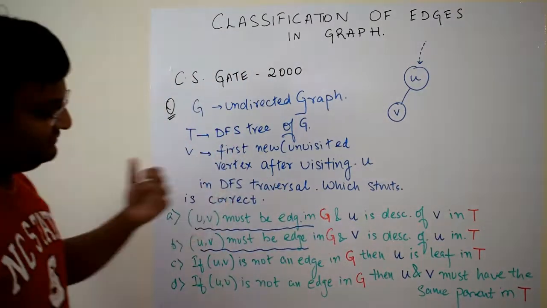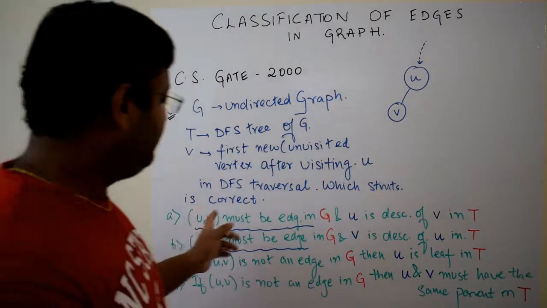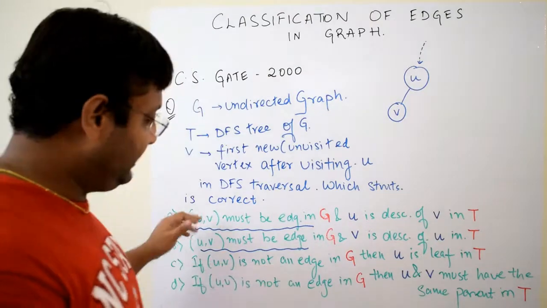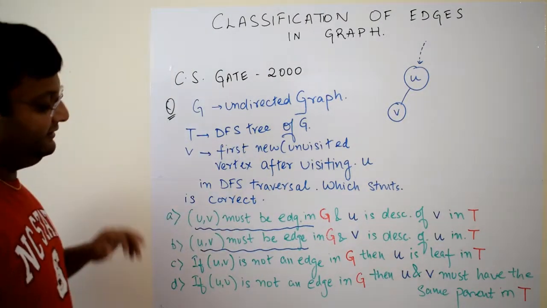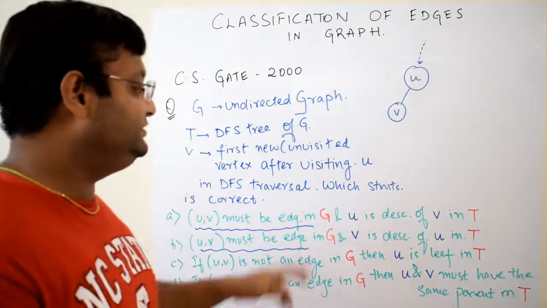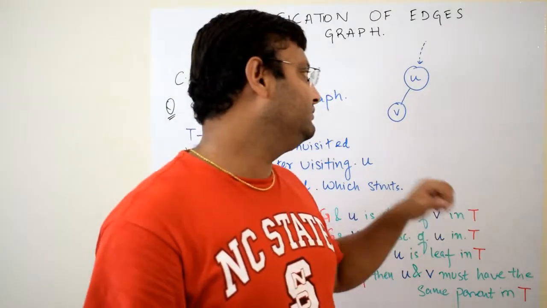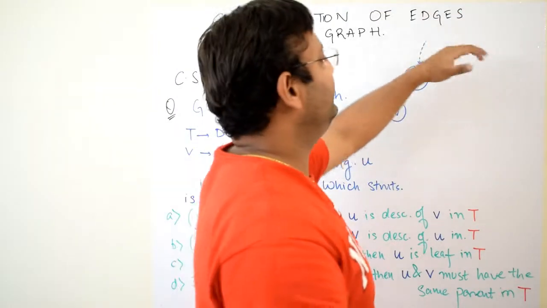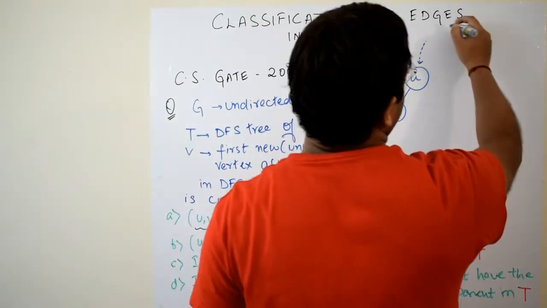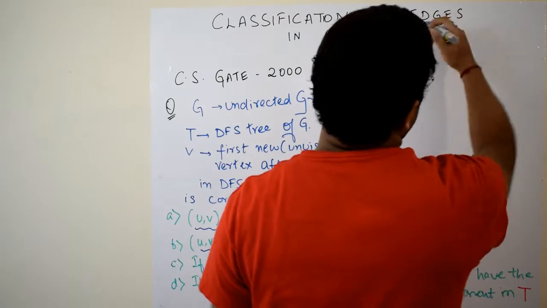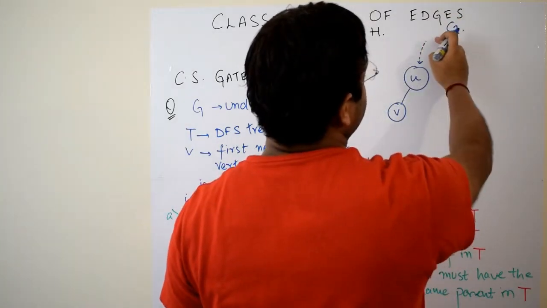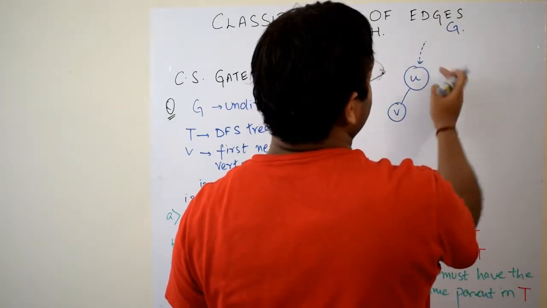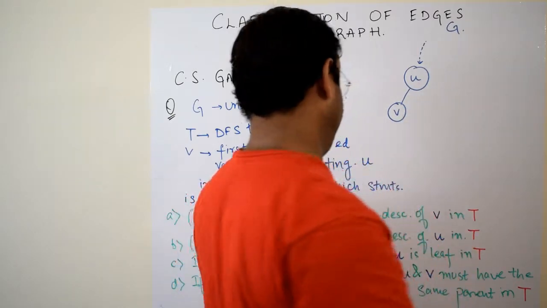So let's read this statement. First is: (U, V) must be an edge. Now remember, that's why I underlined it. Must be an edge in G, and U is a descendant of V, right? So if this is the complete graph G, and you were doing DFS traversal on it, and finally from somewhere you reached U, and then you went to V, right?